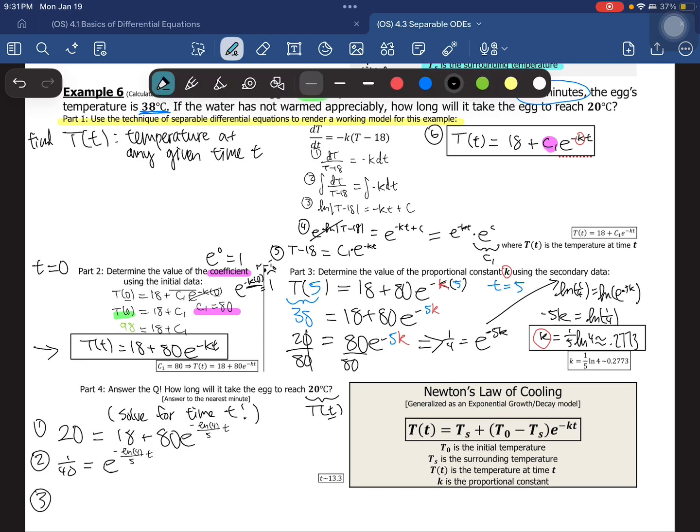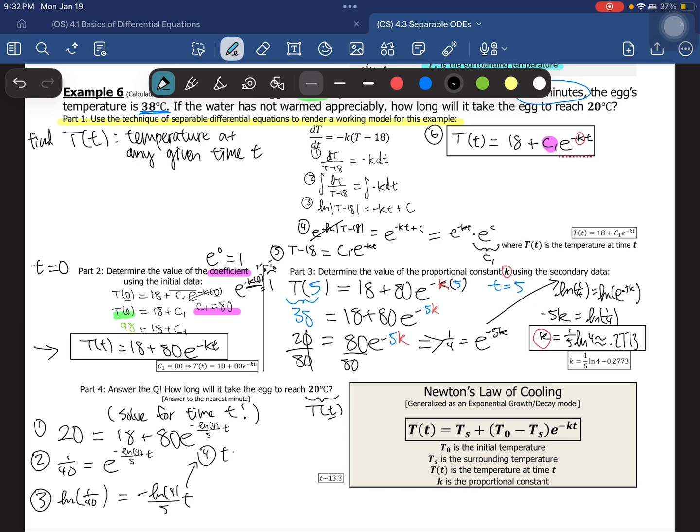Take the ln of both sides. And we're almost there. We just need to isolate t now.